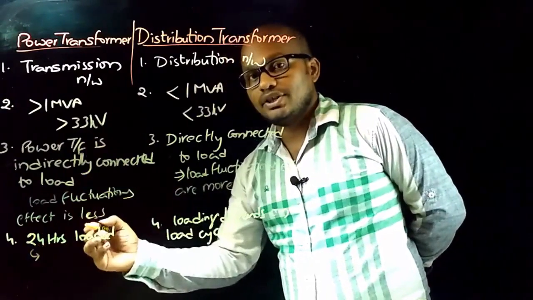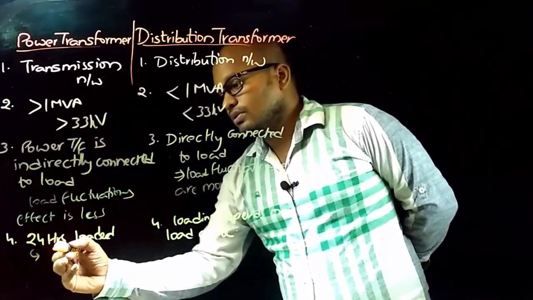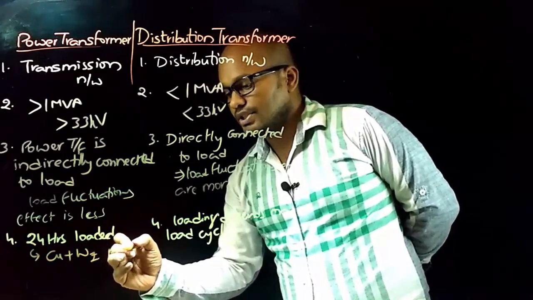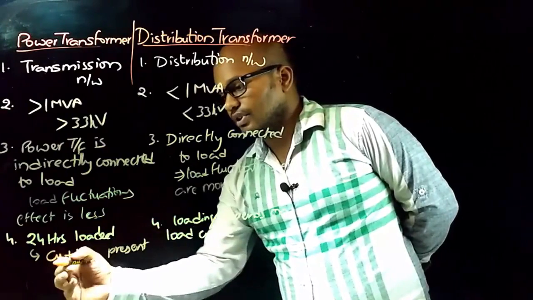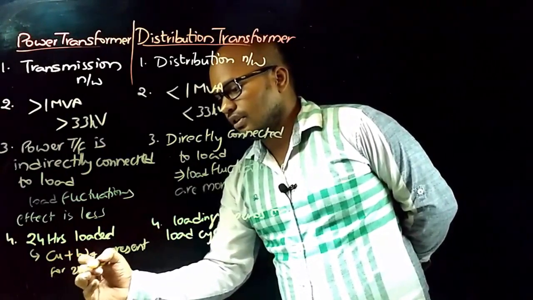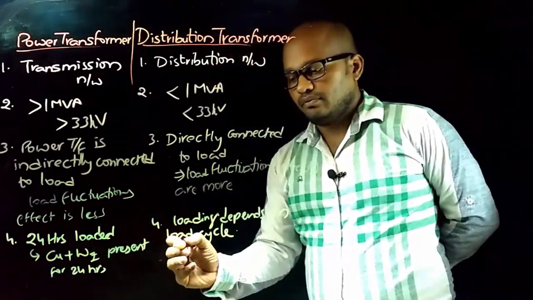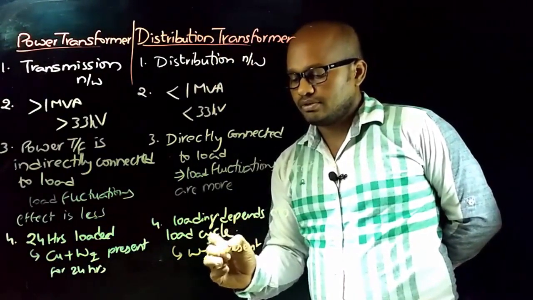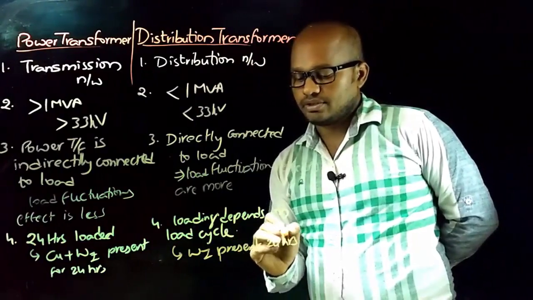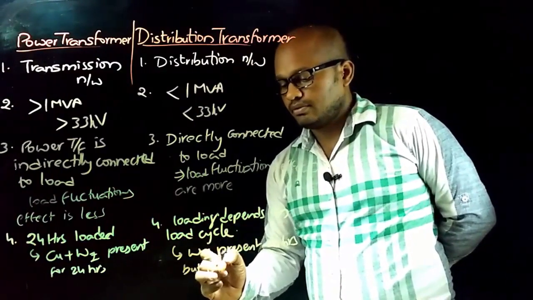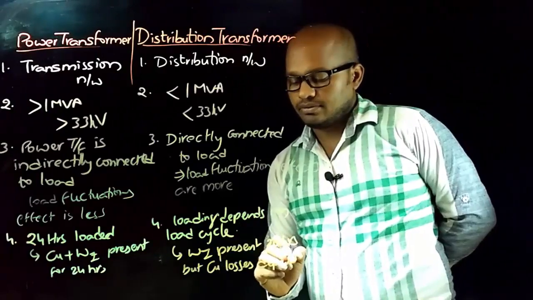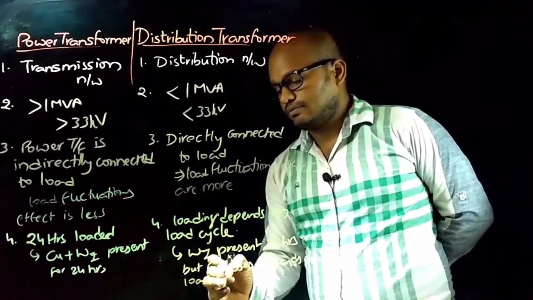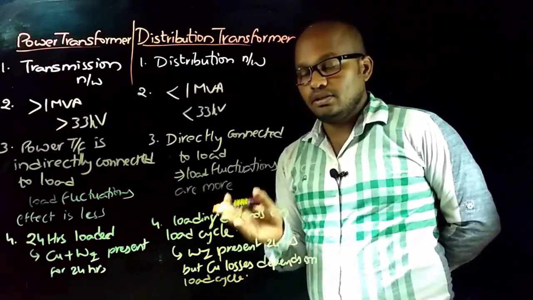As the power transformer is 24 hours loaded, copper losses and iron losses are present for all 24 hours, whereas in distribution transformer iron losses are present for 24 hours but copper losses depend on the load cycle, because copper losses depend on the load current.